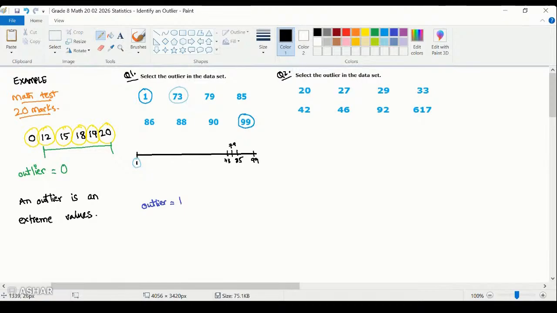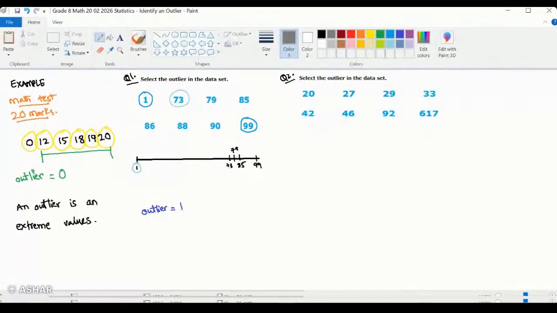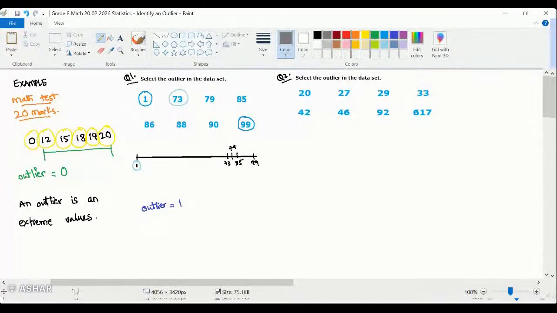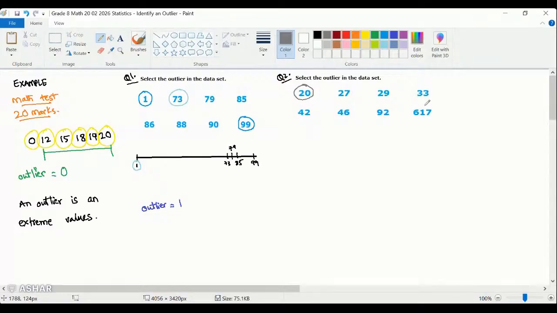In this case, we know the minimum number is 20 and the maximum was 617. So we need to look at the next number. 20 and 27 are close, but 617 and 92 are very far apart.